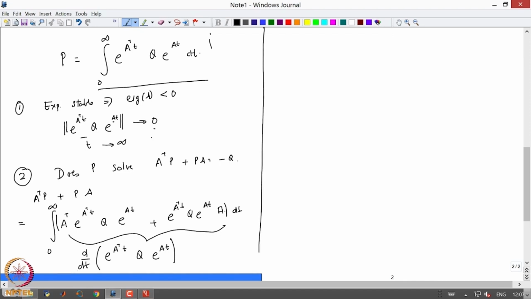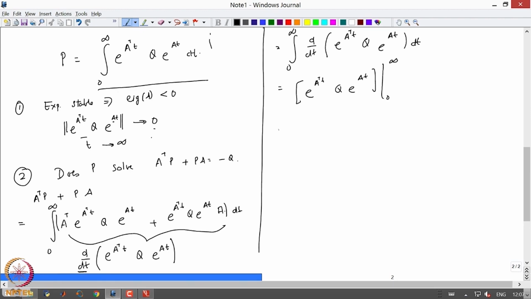This is essentially d by dt of e power A transpose t Q e power A t. So, if I replace it with d by dt, I have the integral from 0 to infinity of d over dt of e power A transpose t Q e power A t dt. This looks simple now. So, I have e power A transpose t Q e power A t with limits from 0 to infinity.